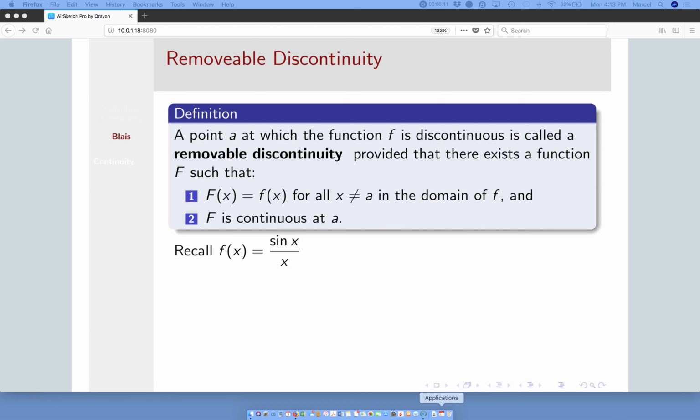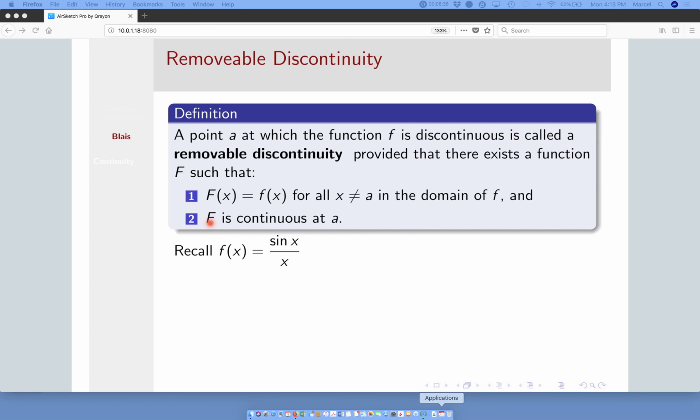So the formal definition of removable discontinuity is: f has a removable discontinuity at a if you can find a function capital F of x that fixes it. So everywhere besides x equals a, the two functions match, but capital F is repaired.